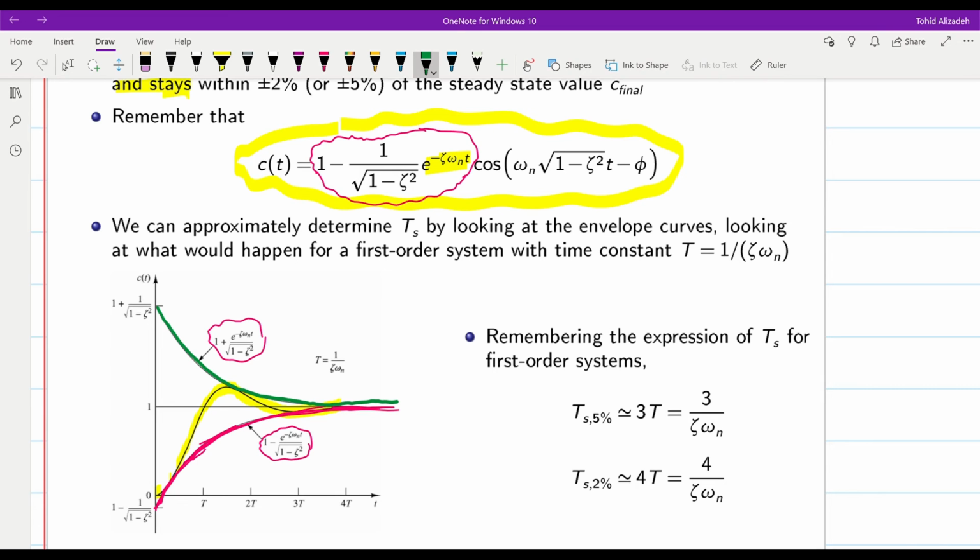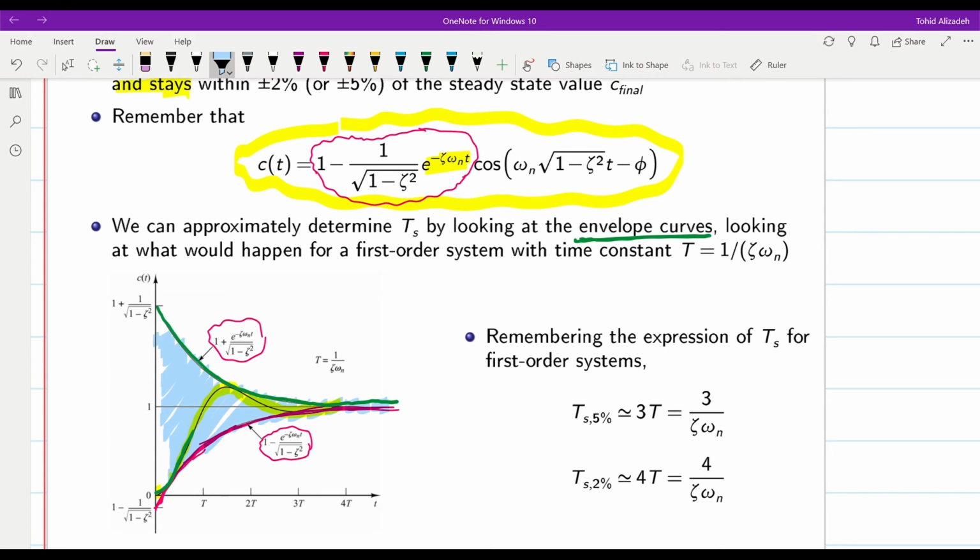And these two graphs are in some sense kind of envelope curves, meaning that the actual response that we have for the system will always remain between these two envelope curves. So it will never go beyond these. They somehow create a zone in which the actual response of the system will remain and it will not go out of that.